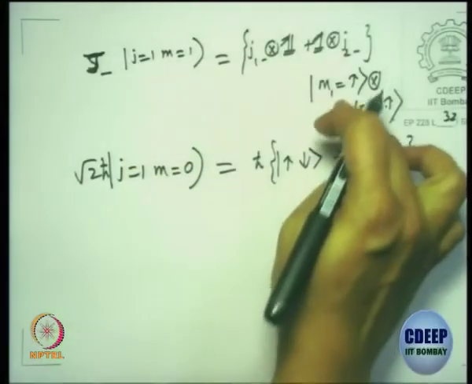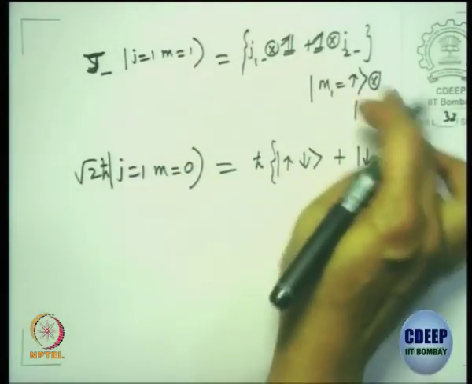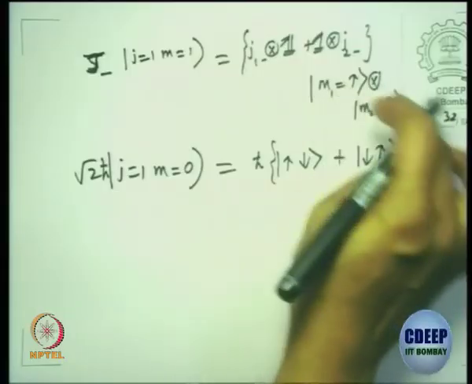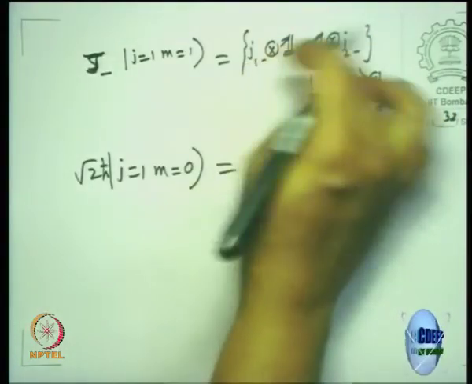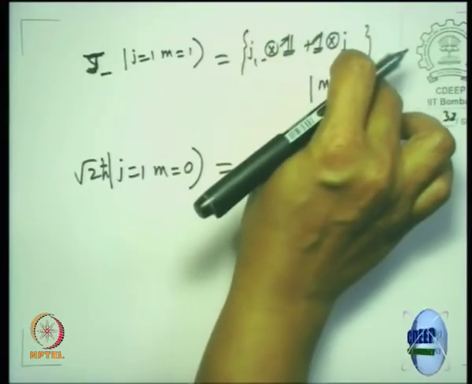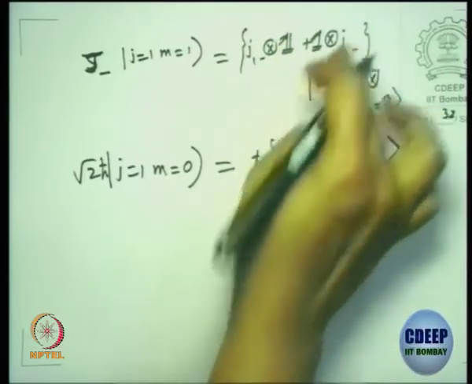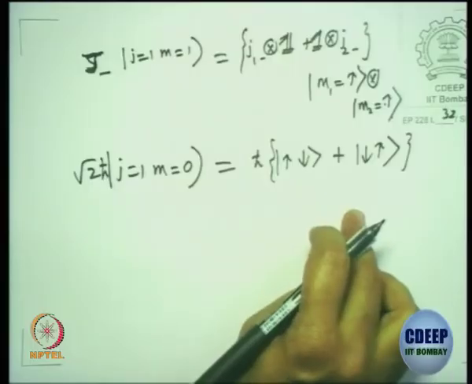We did this separately. The first one we operated on this state and we got down up. The second one we operated on up up, which gave you up down. But it's a sum of these two operators. You have to take the sum of those two states.